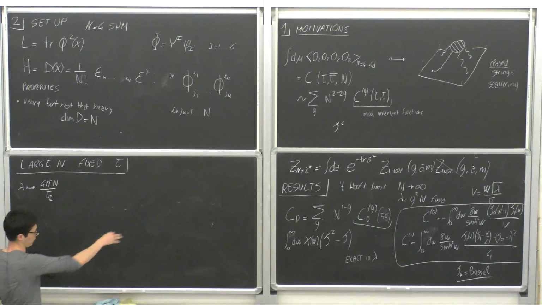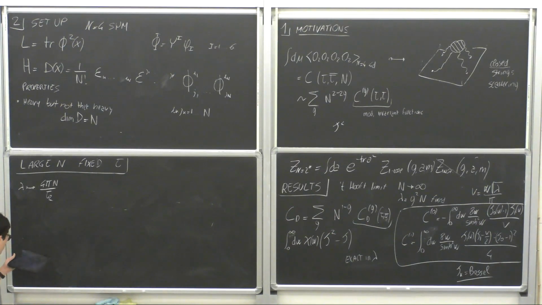The top limit is very different from this, so we have to keep a proper number of terms. But the result that we get is the following: CD of tau, tau bar, and n.